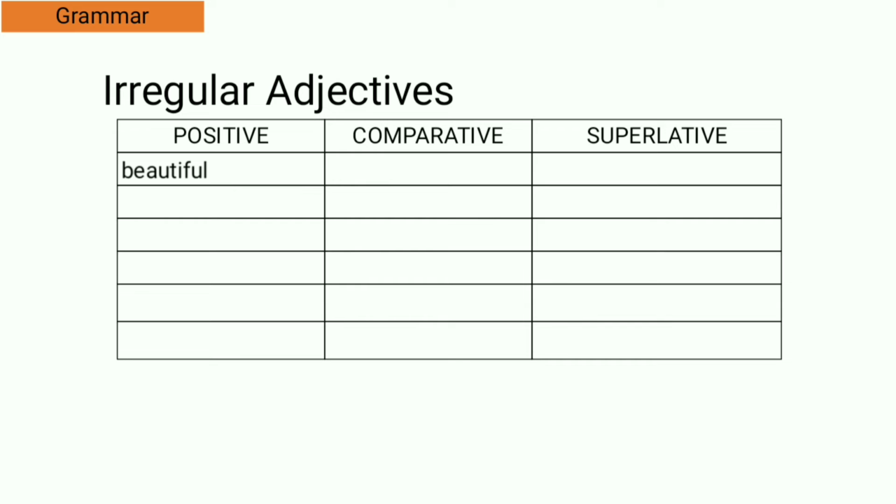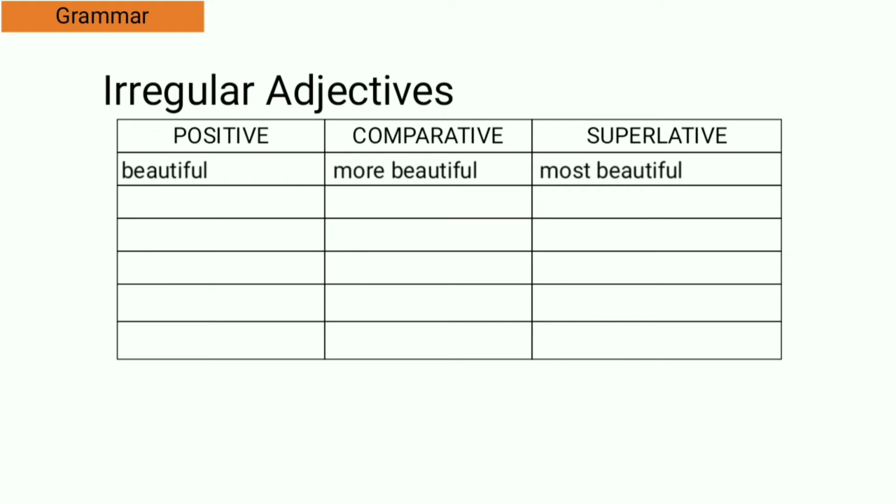For example, beautiful. So the word beautiful has 3 syllables. Let us try to compare the word beautiful. Say, for example, in a good way, that becomes more beautiful, and then most beautiful.